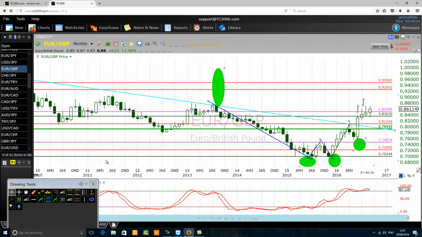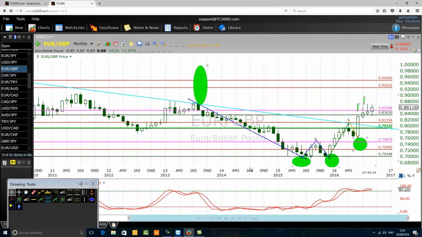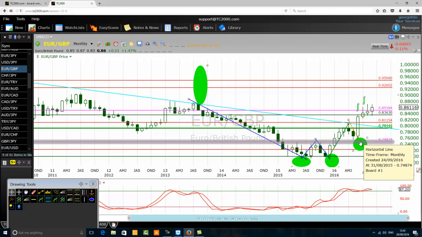So on this chart, we can see that this financial instrument, the Euro GBP, was going down since when? 2009, it was going down, boom, boom, boom, boom, boom, up to 2015. In 2015, the price formed a double bottom chart pattern, and since then, it did not form any lower low, but instead formed the first higher low.